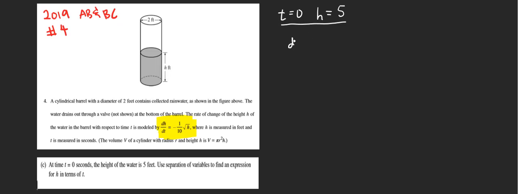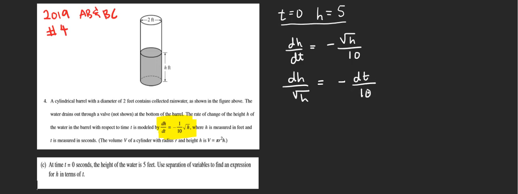So we know that dh over dt is negative radical h over 10. We need to separate the variables. So it'll be dh over radical h equals negative dt over 10. Now remember, whenever we do separation of variables, dh and dt have to be numerators, not denominators.